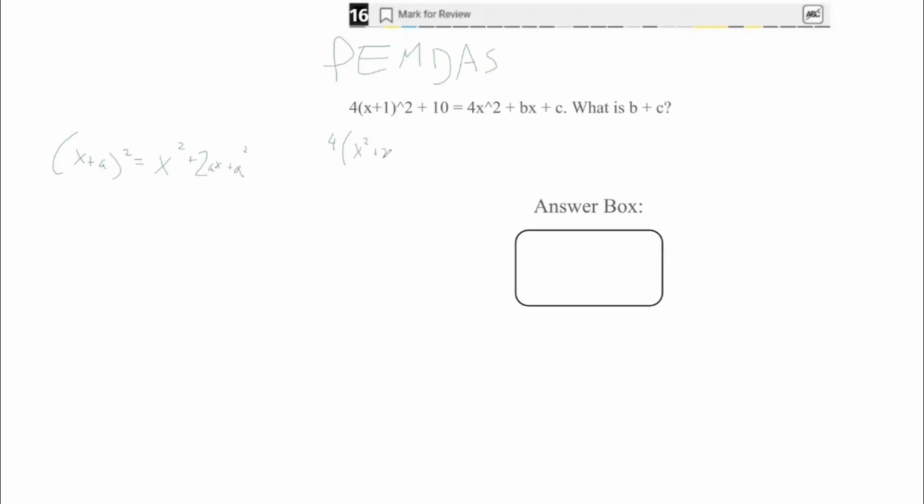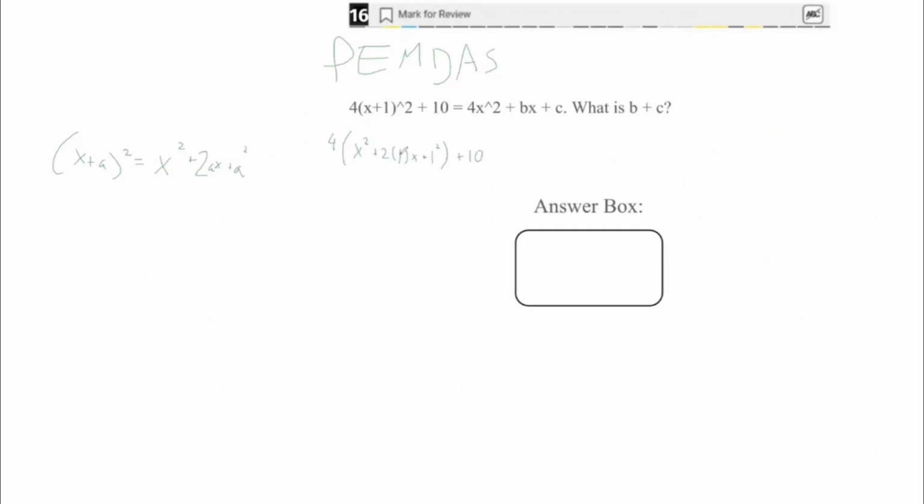I'll just write that out so that it is more visual for you guys. I wouldn't actually write 2 times 1 in my own notes. And then plus 1 squared. And then plus 10, I don't want to forget it, so I am not going to leave it out a single line. If we leave things out and then we're like, oh, we'll come back for that, we're going to forget. And that 4 as well.